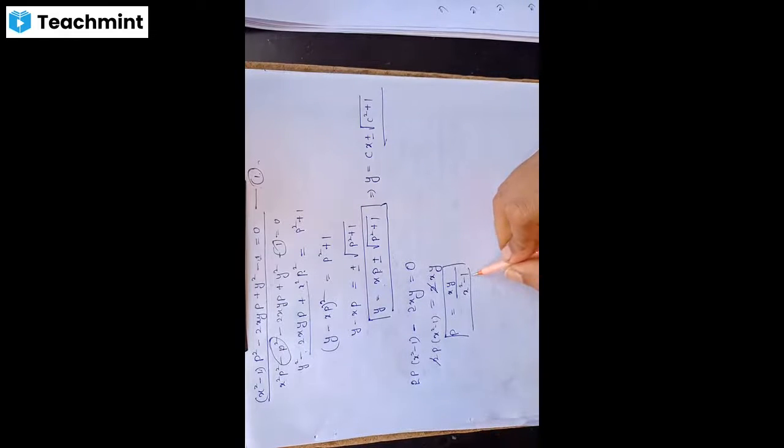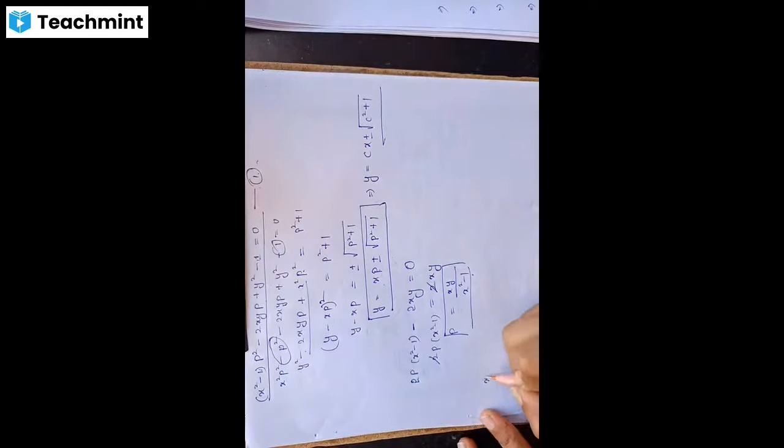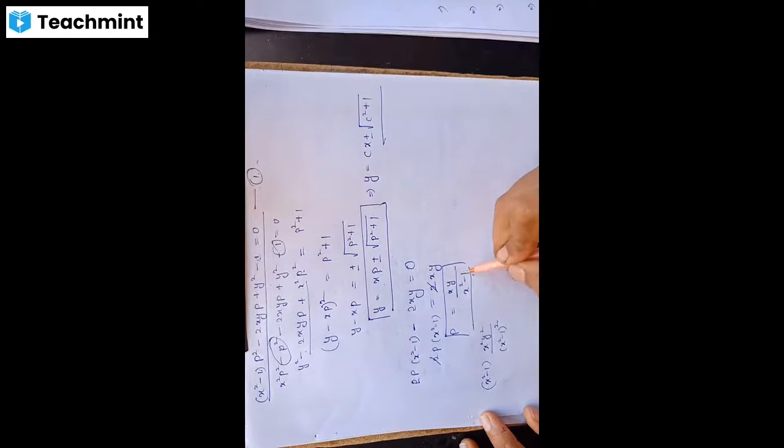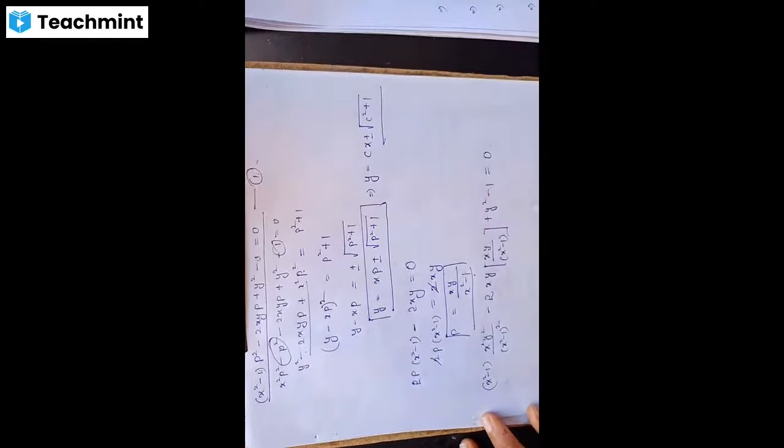Now substitute this p value in the given equation. The given equation is (x² − 1)p² − 2xyp + y² − 1 = 0. It becomes x²y²/(x² − 1)² times (x² − 1), minus 2xy times p, where p is xy/(x² − 1), plus y² − 1 = 0.